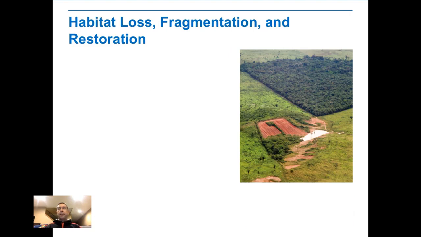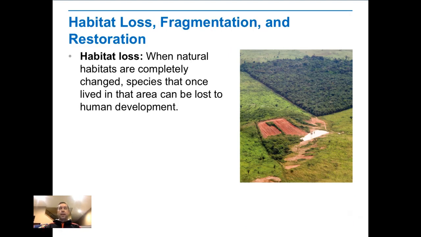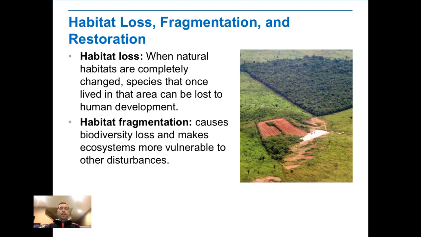Habitat loss, fragmentation, and habitat restoration are the next thing we're going to talk about. Habitat loss is when a natural habitat is completely changed. The species that once lived in the area can be lost to human development, when we convert land to farms, we convert it to cities, whatever. Fragmentation causes biodiversity loss and makes ecosystems more vulnerable to other disturbances.